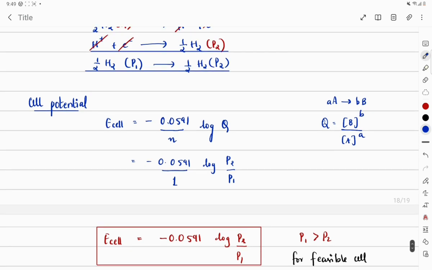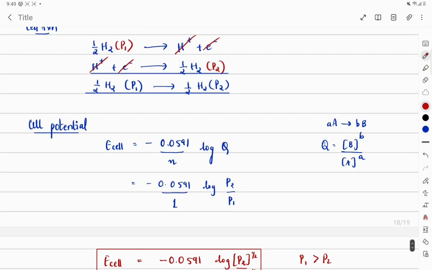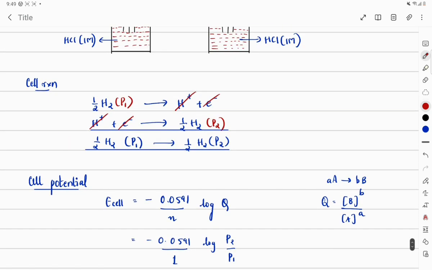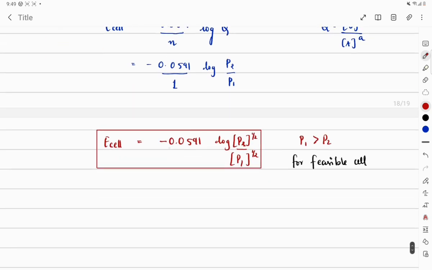Here the stoichiometry is half, so we have to put a half for P2 and P1. This raised to half and also this raised to half. If we consider 2 electrons being involved, that means instead of half H2 you take H2 giving 2H plus plus 2 electrons. In that case you will not have this power here, instead you will have a by 2 here. Here it is only by 1 because number of electrons is 1.